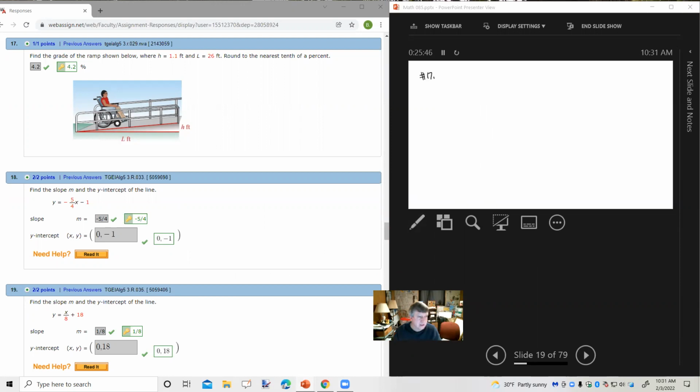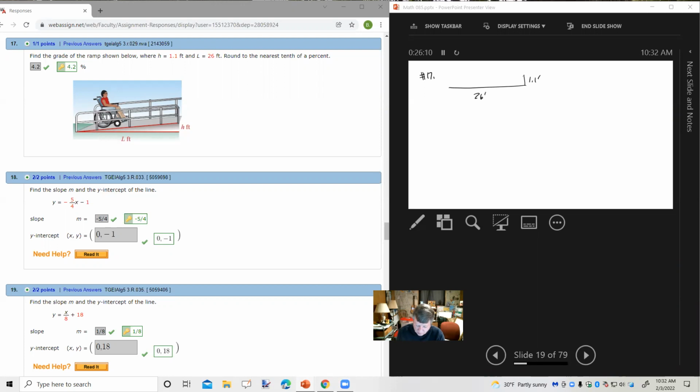Number 17. It says, find the grade of the ramp shown below, where h is 1.1 feet and the length is 26 feet. So basically we have that picture.